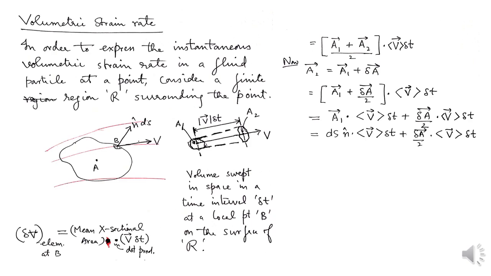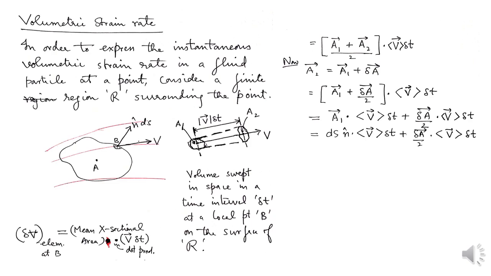You can't talk of volumetric strain rate for infinitesimal material lines, because lines don't have a volume. So that's why we will be just considering a point in the flow domain.